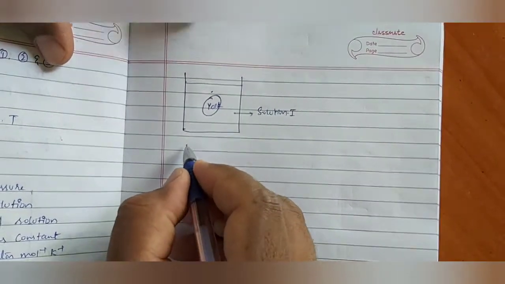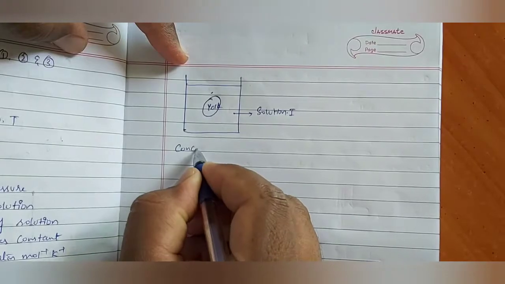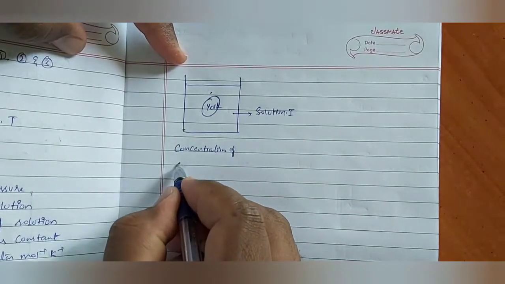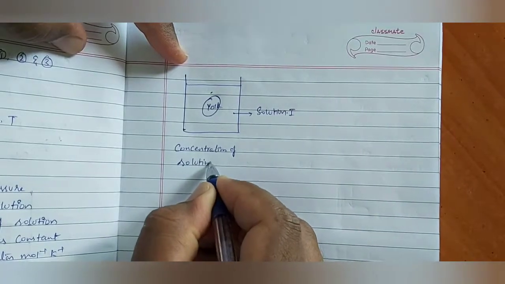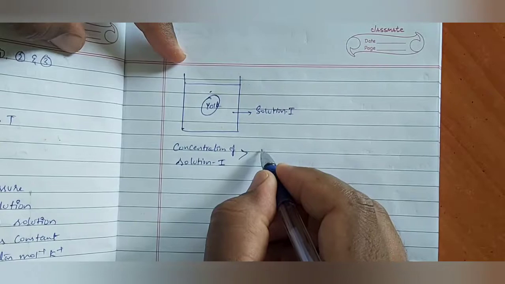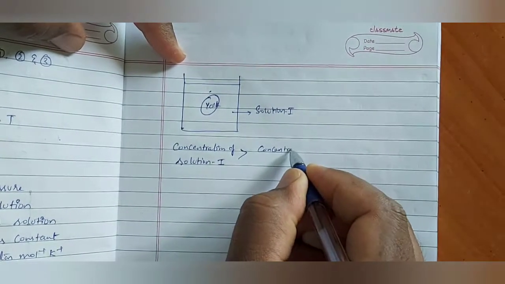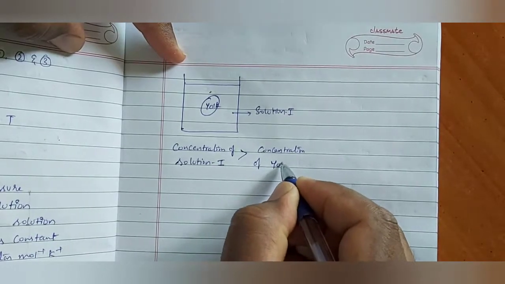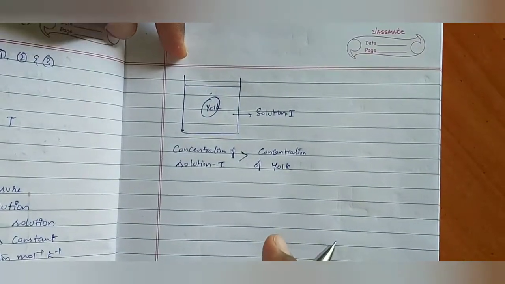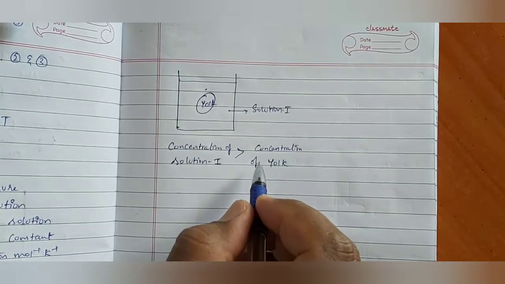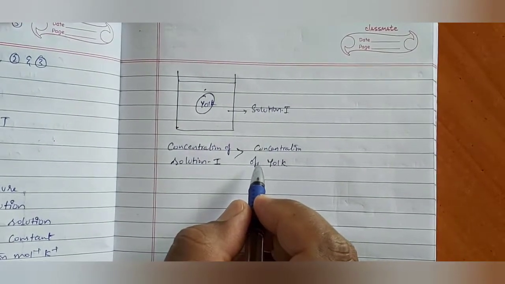Now I am considering that the concentration of solution 1 is greater than the concentration of egg yolk. Concentration of solution 1 is greater than concentration of egg yolk.